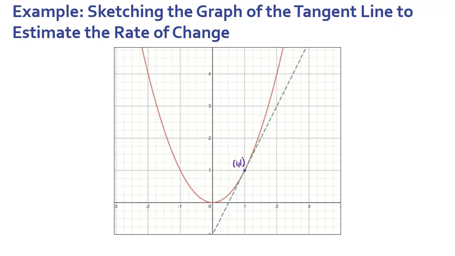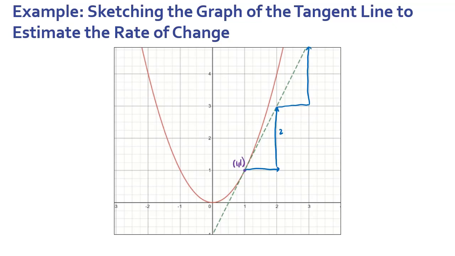So this is the line that just touches the curve right at the point 1, 1. And I can use that tangent line to estimate what the rate of change is at that specific x value. So when x equals 1, the rate of change we can see using slope: it looks like it goes over 1, up 2, over 1, up 2.